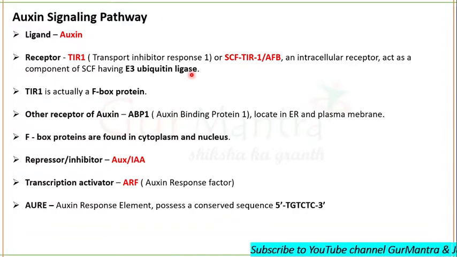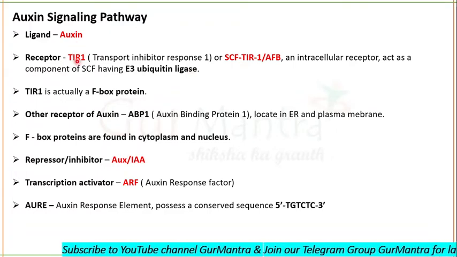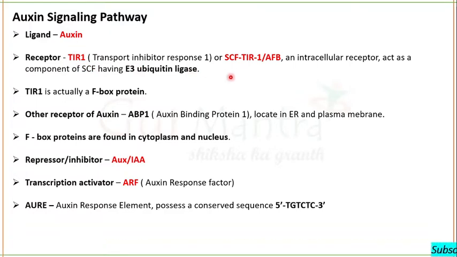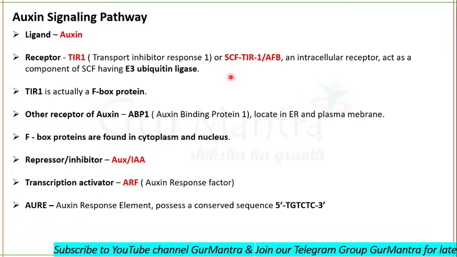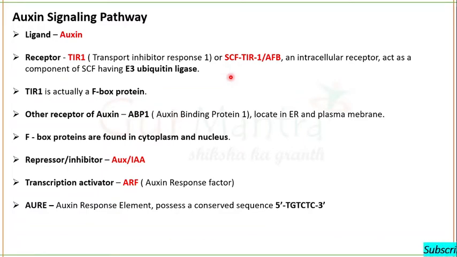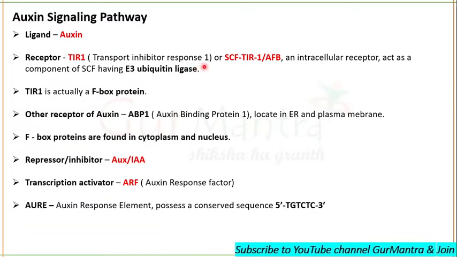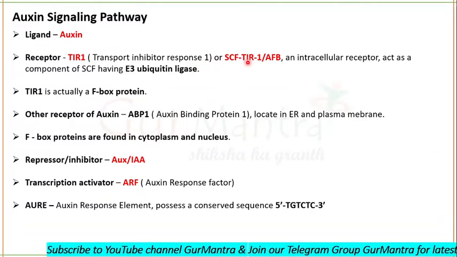Clear? So the receptor of auxin is actually performing a dual function: it acts as a receptor, but it can also cause ubiquitination of proteins. This property of ubiquitination plays an important role in the signaling pathway of auxin.